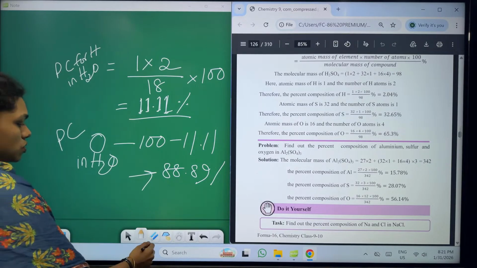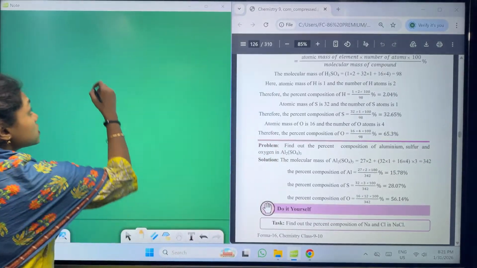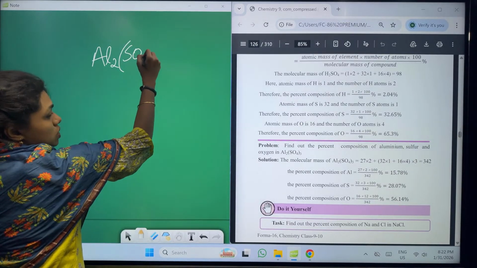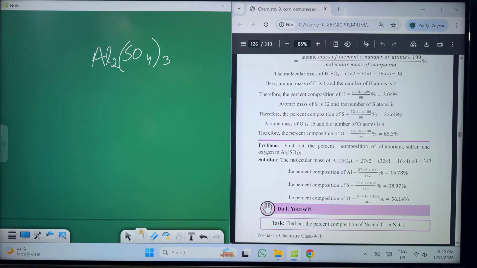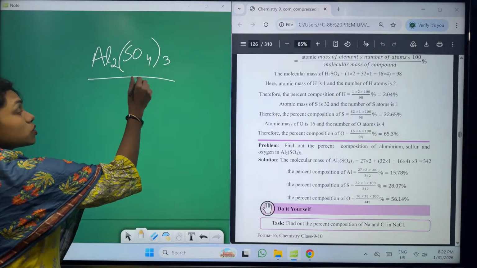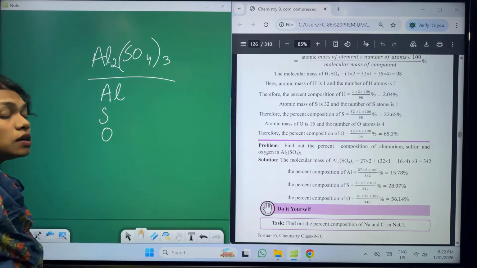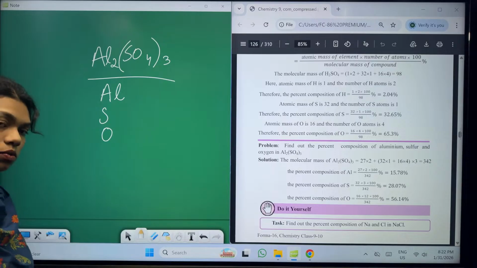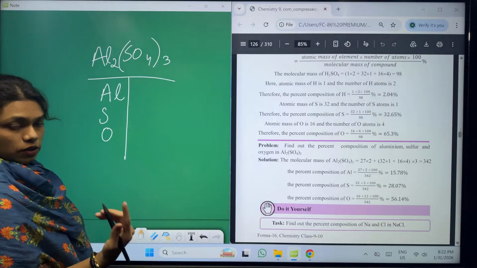Okay. So, what happens when there is a bracket? What is the percentage composition of each individual element in aluminum sulfate? This compound is composed of 3 elements: aluminum, sulfur, and oxygen. Now, we will follow the same formula, the same pattern. The only difference is we need to calculate the number of atoms in the compound.